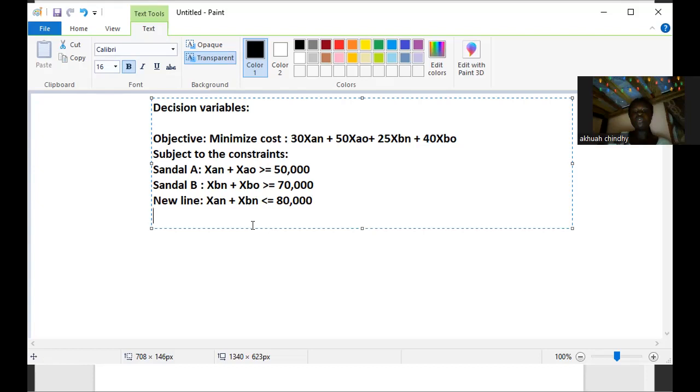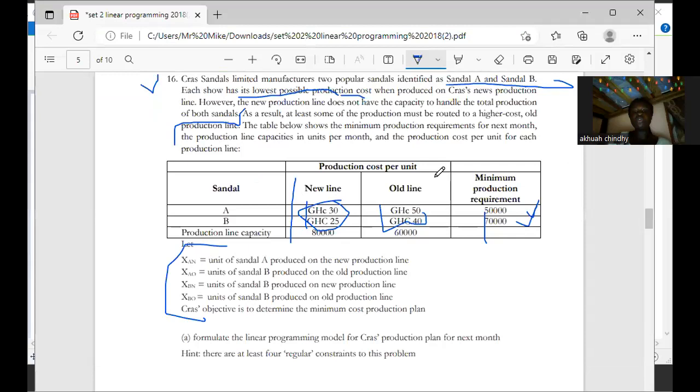So you have to see, is there any other figure left? Yes, we've not worked on the 60,000. The 60,000 aligns with the old line. So it is telling us that when we produce A and B on the old line, the maximum the old line can take is 60,000. It can take 60,000 or less, but it can't take more than that.